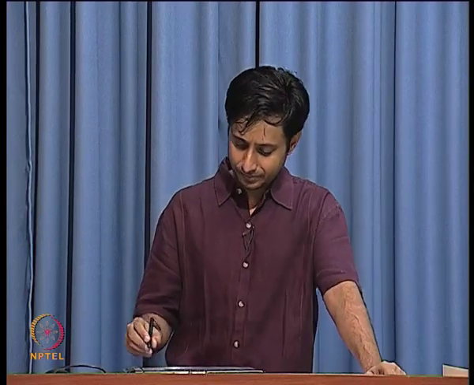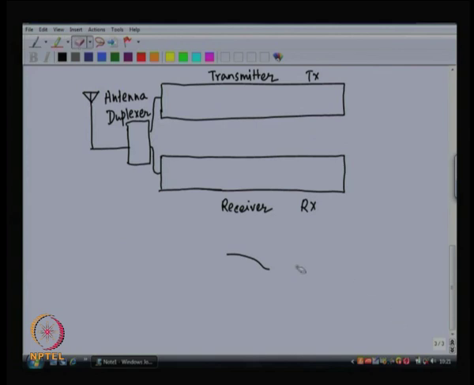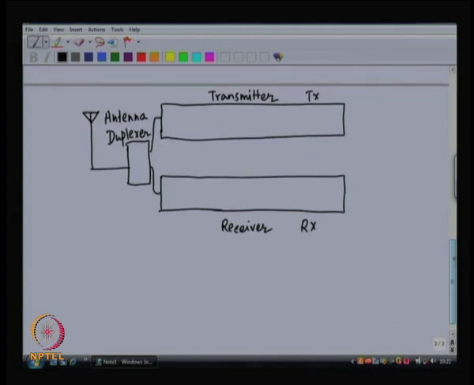Okay. Let us look at the receiver side now. What do I need once I have isolated the transmit from the receive path? The first thing that you need is something called a low noise amplifier.